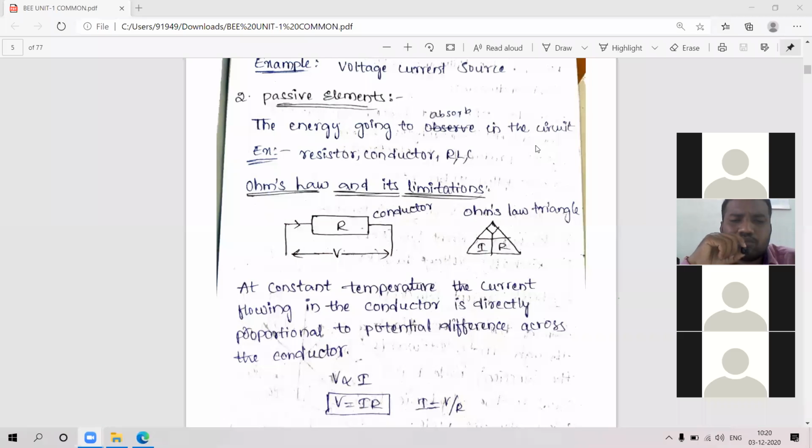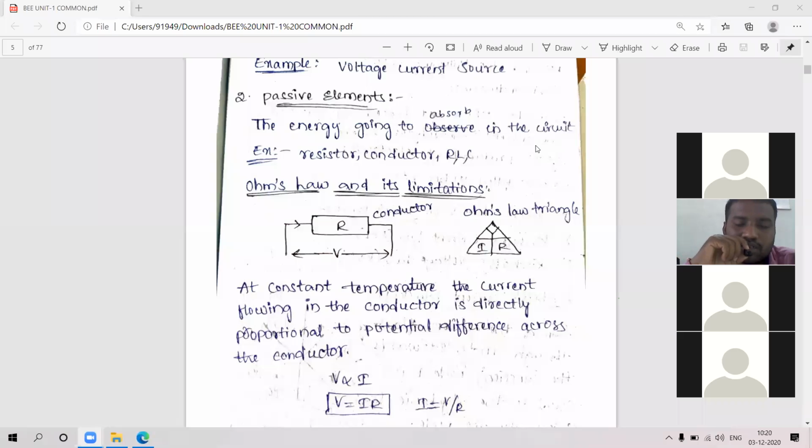So likewise we can say, very simple statement, V is directly proportional to I. As we increase the voltage, automatically current also increases, because as the potential difference is increasing, the rate of flow will be increasing. So directly we can say that V is directly proportional to I.